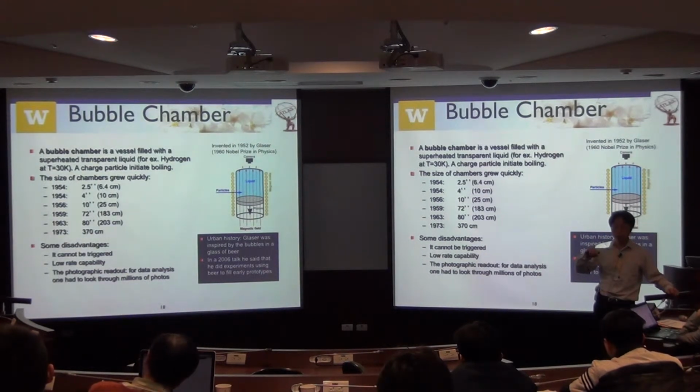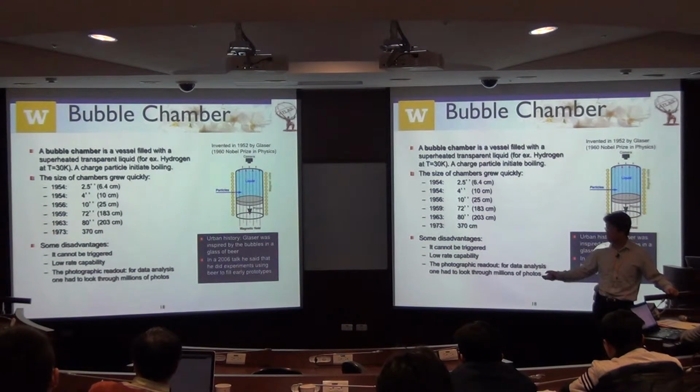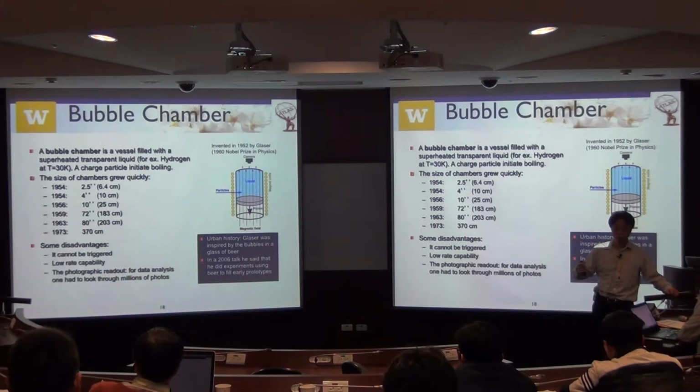Then when a particle goes through, it has a chance to leave a trajectory, and you can use the piston to control different saturation points of the gas. So you can keep the trajectory or refresh it to wait for the next event. This invention had a chance to become huge.